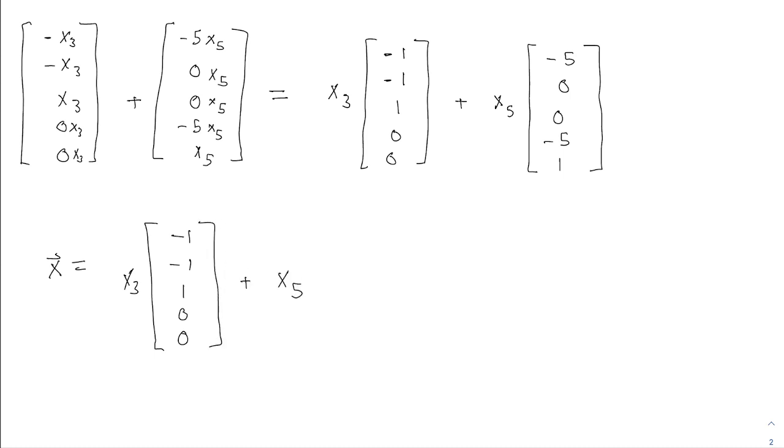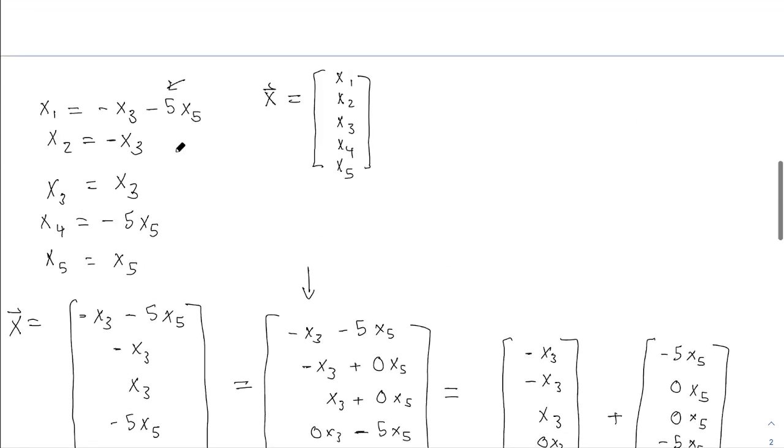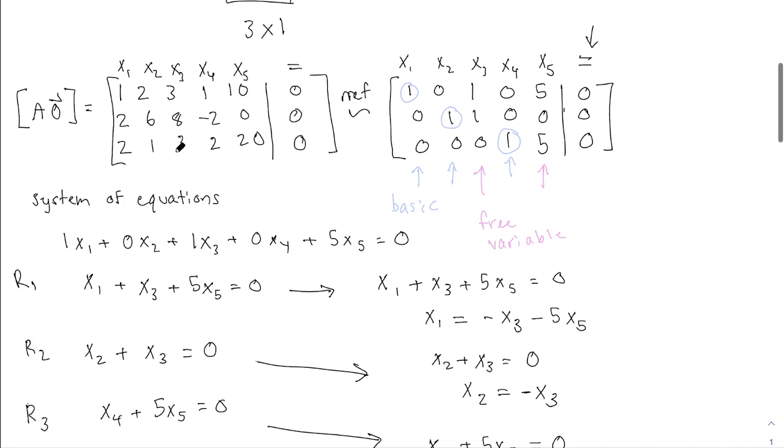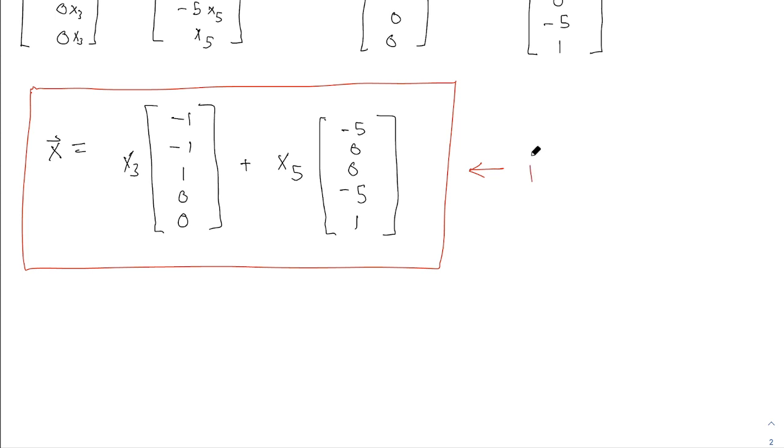I am just rewriting it to clearly articulate that our vector x that solves the equation is equal to x3 times this vector plus x5 times this vector, negative 5, 0, 0, negative 5, and 1. And this right here is our solution expressed in parametric vector form. It is in terms of our free variables. If you can remember from up here, our free variables are the x3s and the x5s. So this is our solution in parametric vector form.